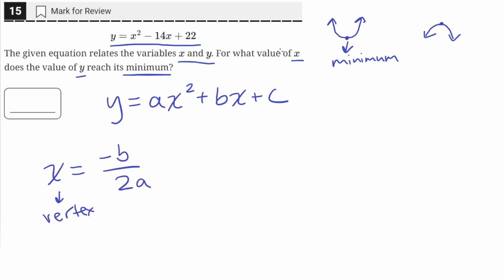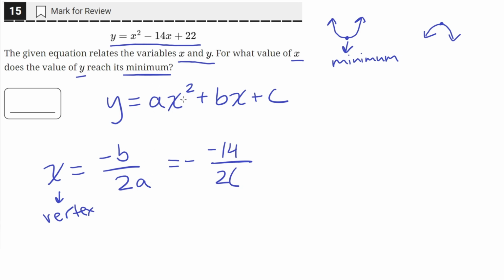So at the vertex, we would find the smallest value of y over the whole function. So what we need to do is find the x coordinate of the vertex to find the value of x where y reaches its minimum. We can just plug that into the formula, negative b over 2a. For this quadratic, b is equal to negative 14. So we'll have negative, and then negative 14 divided by 2 times a.